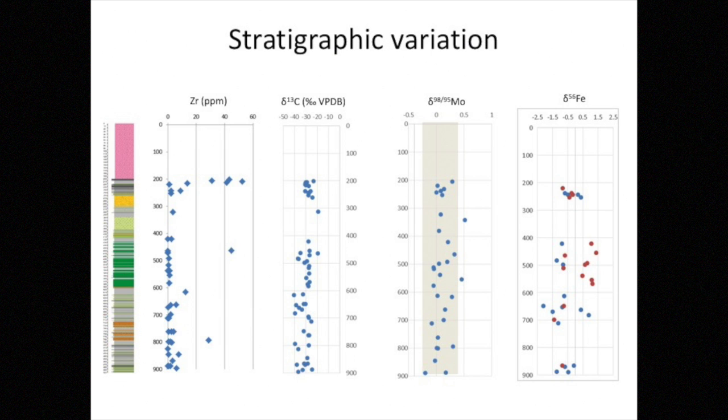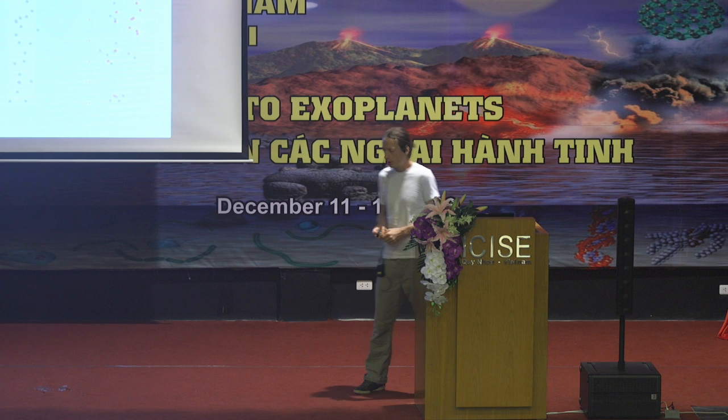We did some chemostratigraphy, so this is basically the drill core. All of this are different facies of chert. Here we have banded iron formation, and here we plot zirconium concentration as a proxy for the amount of clastic material that was brought into the sedimentary environment. You see very low clastic input except for those carbonaceous chert layers that are rich in organic matter.